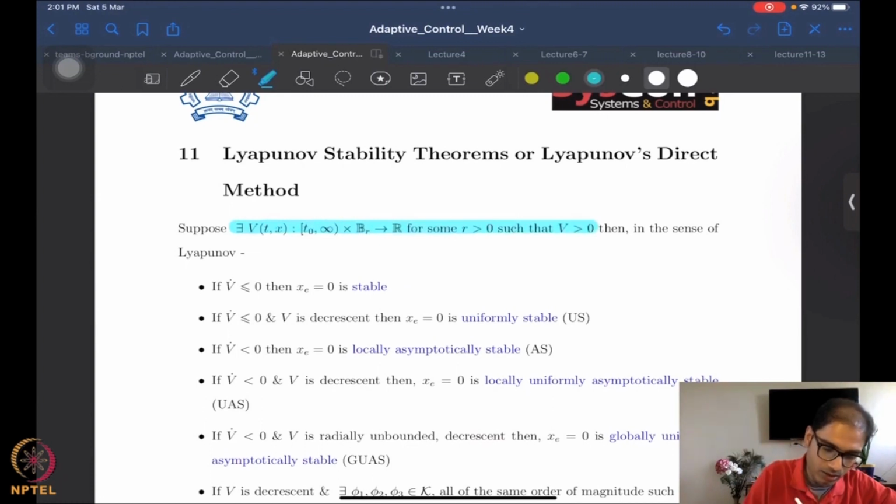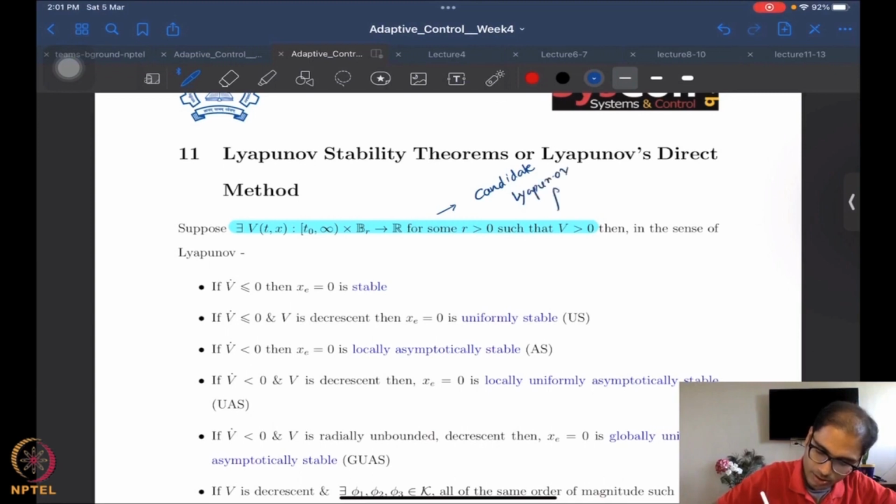These two conditions together make it a candidate Lyapunov function. Actually, this is not complete.